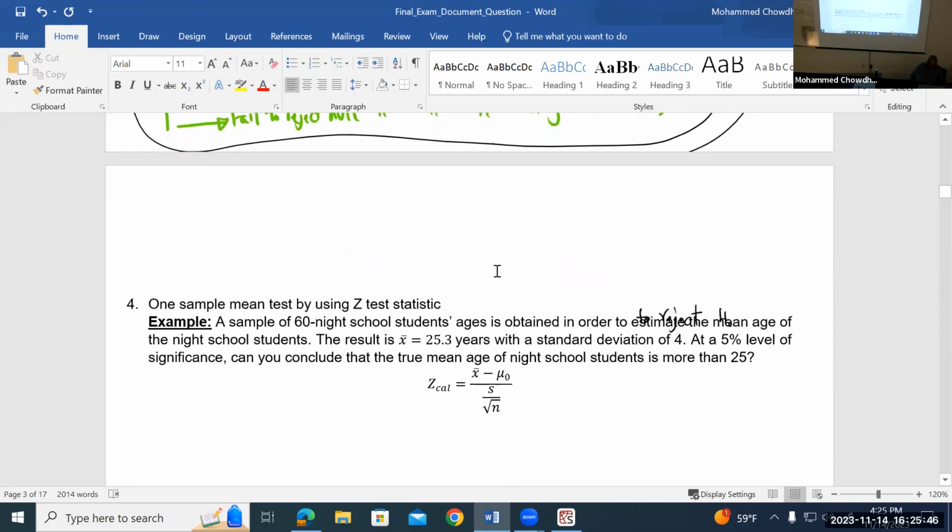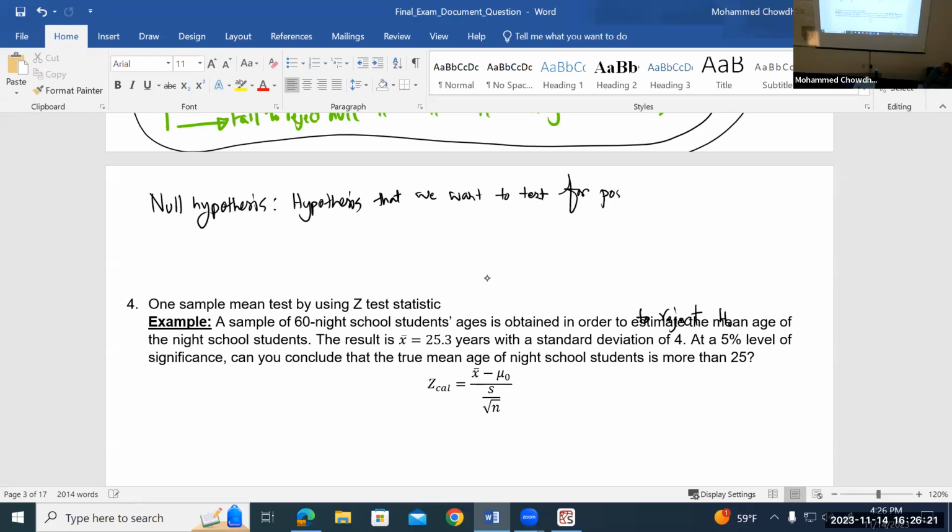Now, let me explain first what the null hypothesis is. The null hypothesis is the hypothesis that we want to test for possible rejection under the assumption that it is true.